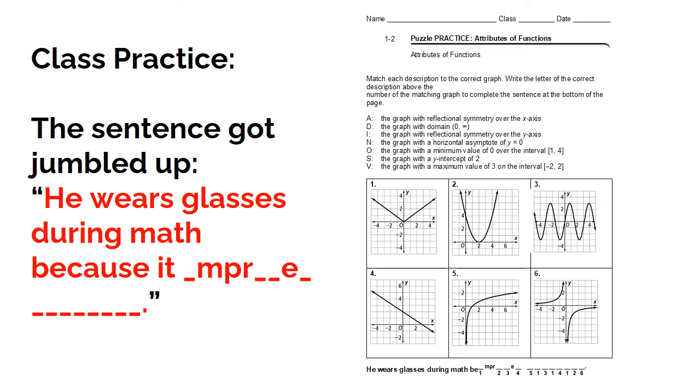So on number 1, y-axis symmetry. So it should have been I. I'm trying to write an I. There we go. Number 2, you should have got an O. I'm making an O. I think my board is mad at me. Uh-oh. On number 3, you should have gotten V, the graph with the maximum value of 3.